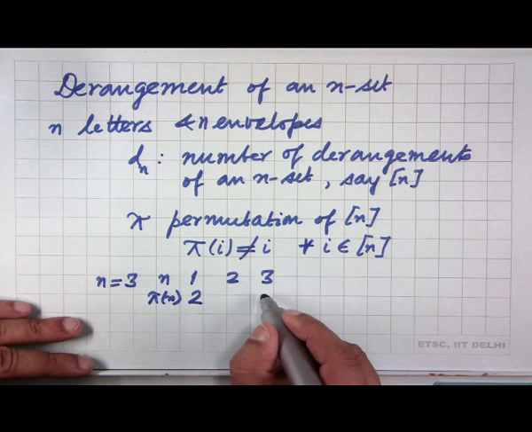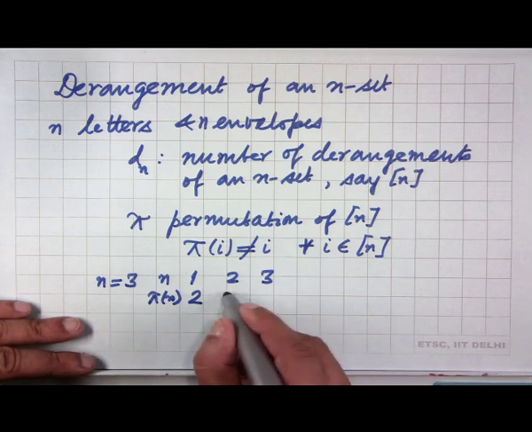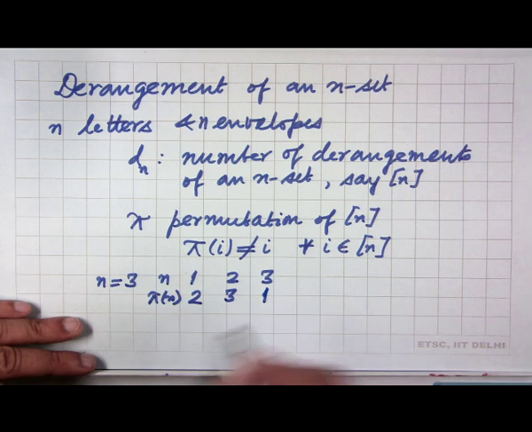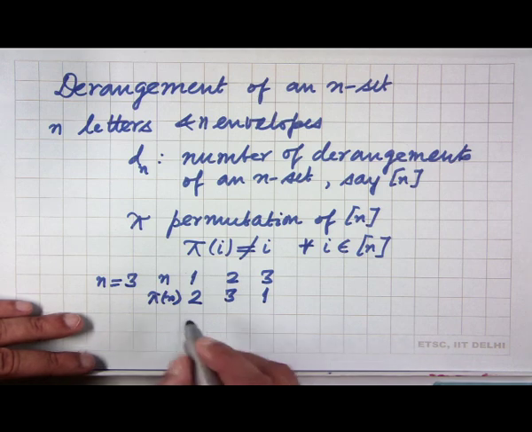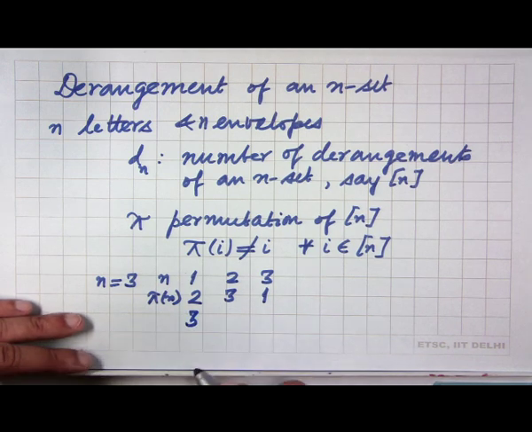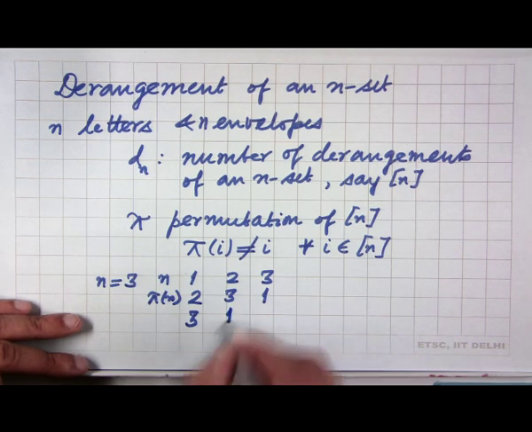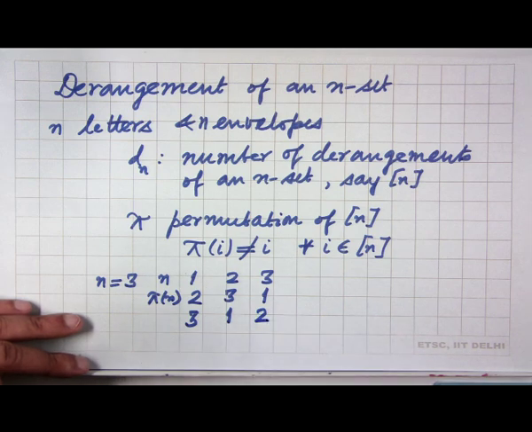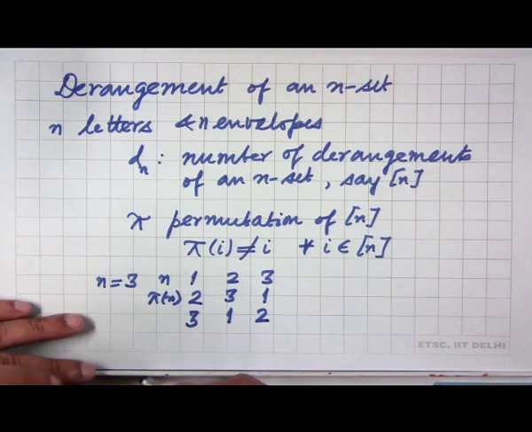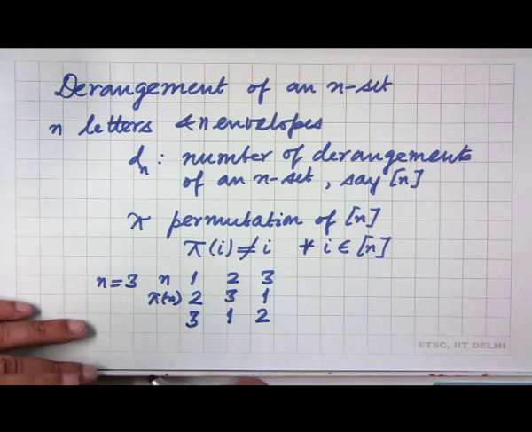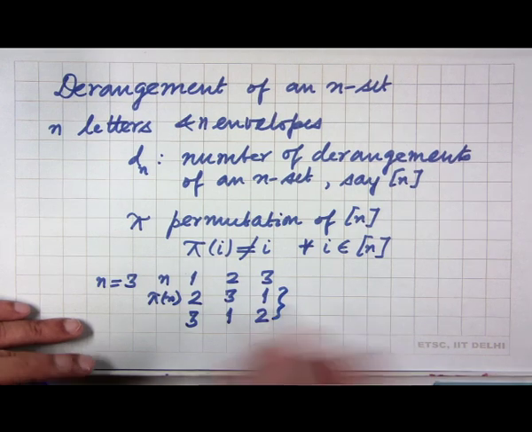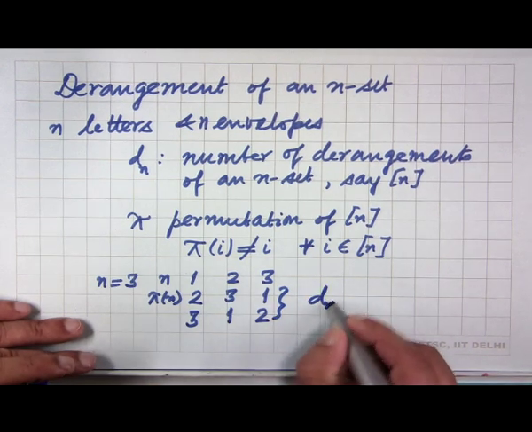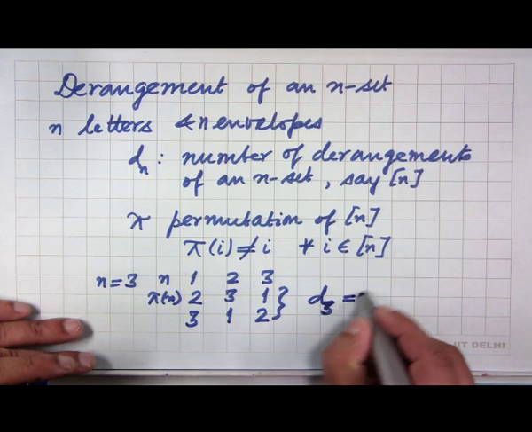Since I can't put 3 under 3, 3 must go under 2, and therefore 1 comes here. Now I chose to put 2 under 1. I could have put 3 under 1. Then I'm left with 1 and 2 to fill. I can't put 2 here, so I must put 1 here, and that leaves me with 2 there. There is no other possibility to put under 1, because I can't put 1 under 1. So in this particular instance, I have an illustration that D3 is equal to 2.